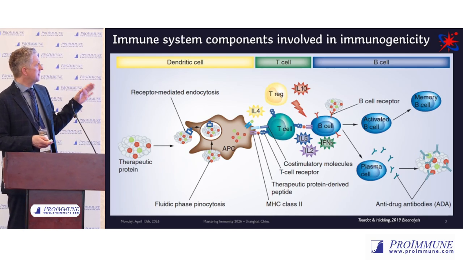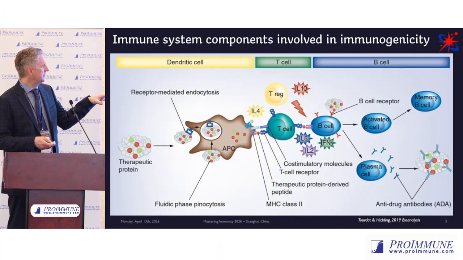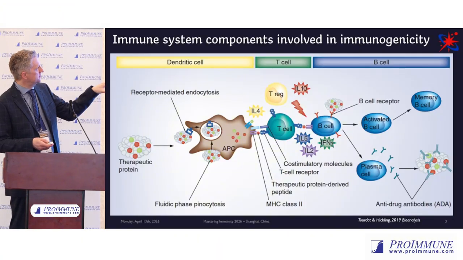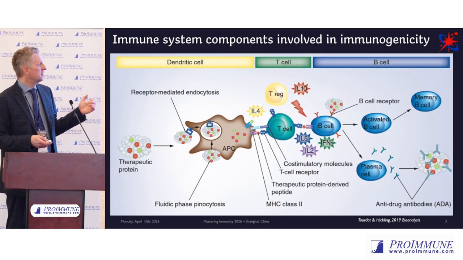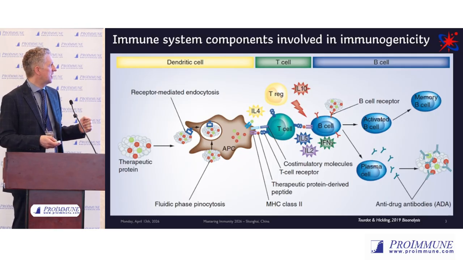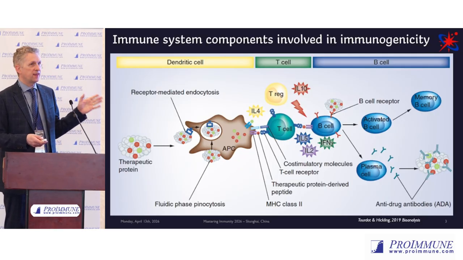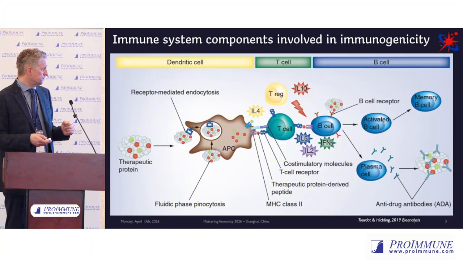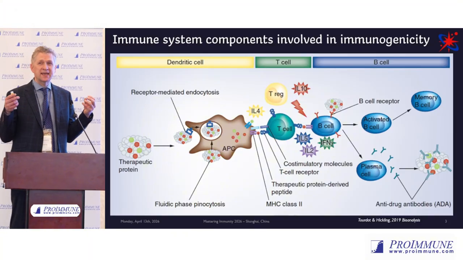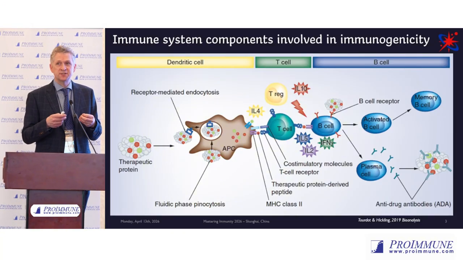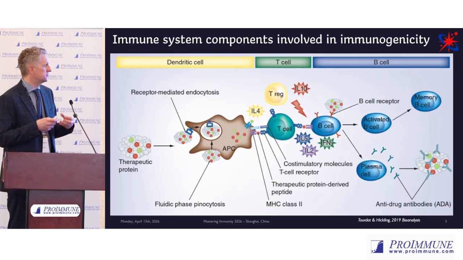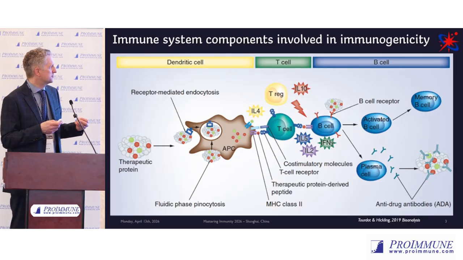These cells are then processing the protein into peptides, which I've shown as the red and green circles, and they are presented to the T cell on the MHC molecules. This is a really key piece of how immunogenicity occurs and becomes a strong response that we're not looking for.